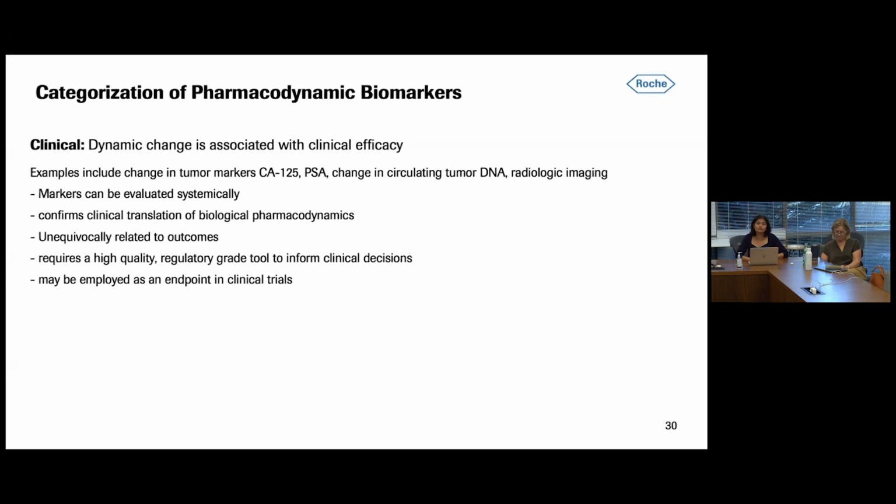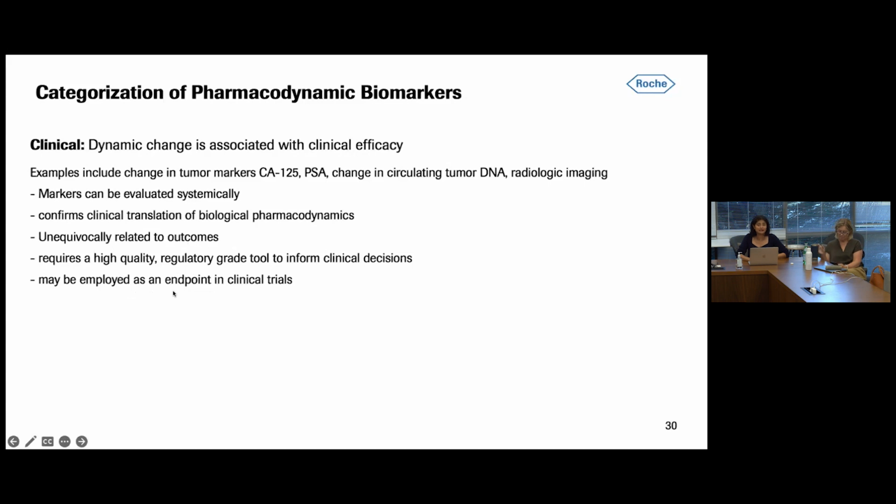And, all the things I've mentioned here, there's a lot of energy now, both at the level of the FDA and at various cancer consortiums, to really utilize circulating tumor DNA as one of those biomarkers that has an unequivocal relationship to outcomes. This requires a high quality regulatory grade tool that you will hear about later in the context of companion diagnostics. And this may be employed as an endpoint in clinical trials.